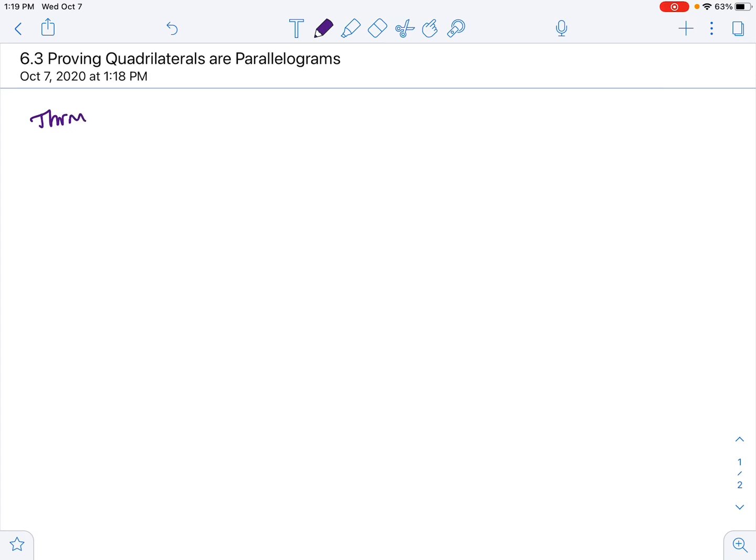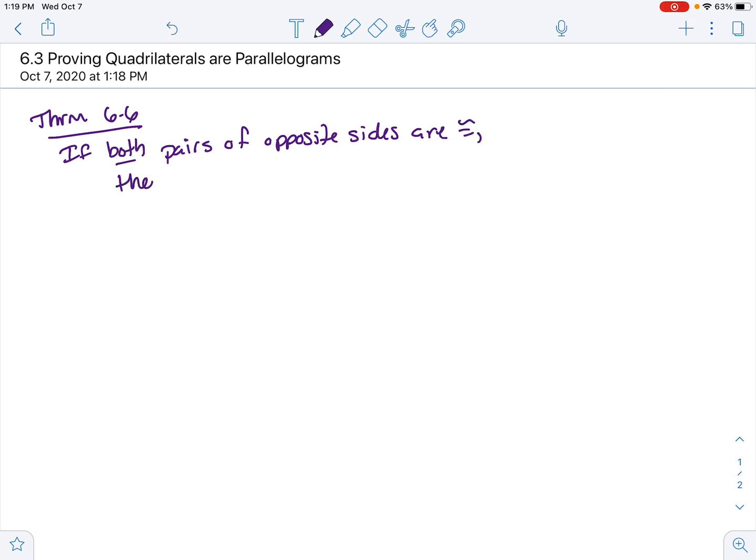So our first theorem is 6.6, and it is: if both pairs of opposite sides are congruent, then it's a parallelogram.